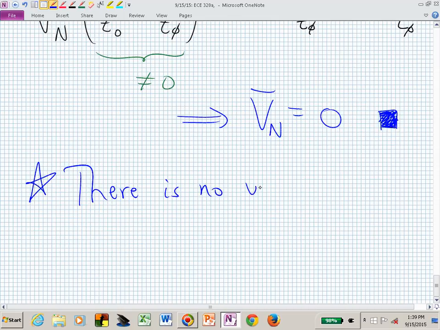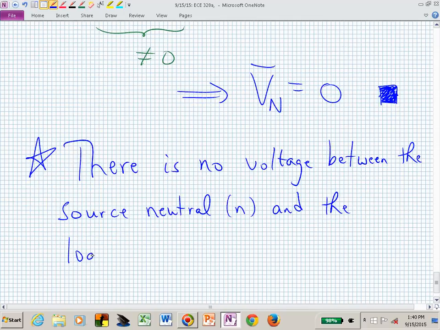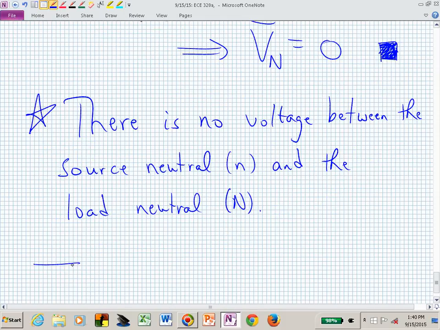There is no voltage drop. This is now saying there's no voltage drop between the source neutral, that was the little n, and the load neutral, which was capital N. So now we know there's no voltage drop across that neutral conductor.